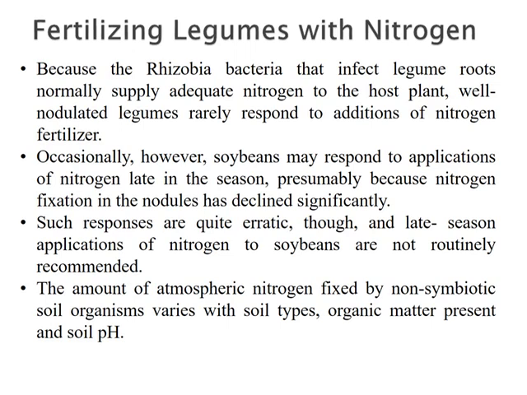Rhizobacteria are the bacteria which help plants to fix atmospheric nitrogen into consumable form. Because the rhizobacteria that infect legume roots normally supply adequate nitrogen to the host plant, well-nourished legumes rarely respond to addition of nitrogen fertilizer.